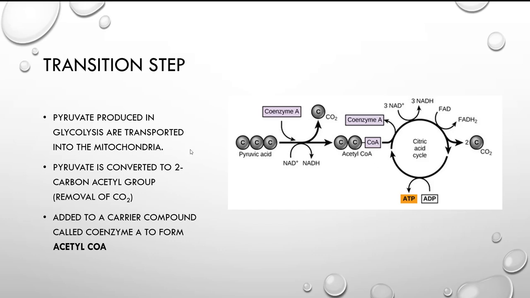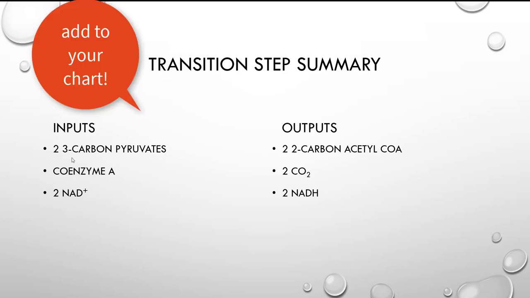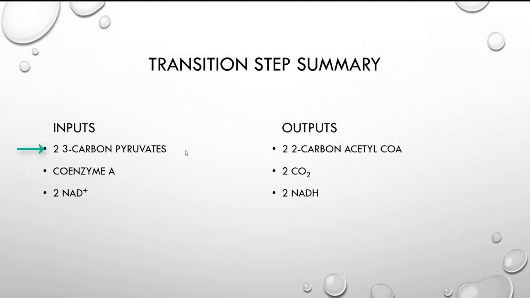Okay, so here are the inputs and outputs of the process. So again, we have our 2 3-carbon pyruvates that are entering the mitochondrion, and those will go through this transition step where we're going to end up with 2 2-carbon acetyl-CoAs. So they have 2 carbons with the coenzyme A attached.